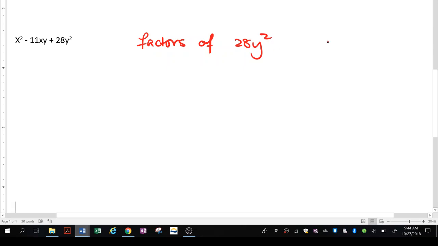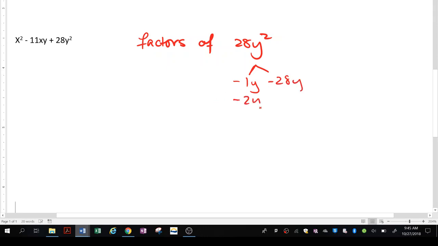And we want something that sums to negative 11y. We know that the value for x here we'll get when we factor those binomials, and x is the first term of each of the binomials. So we're just worried about the y here. Now again, because this is negative and this is positive, our two factors must both be negative.